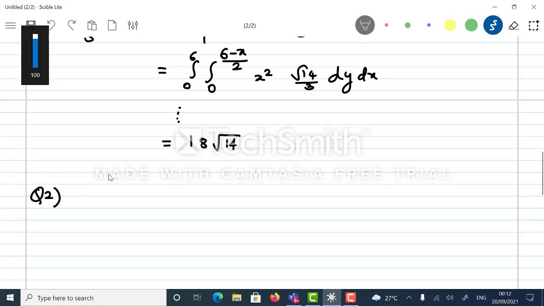So it is given that the function is given as follows.